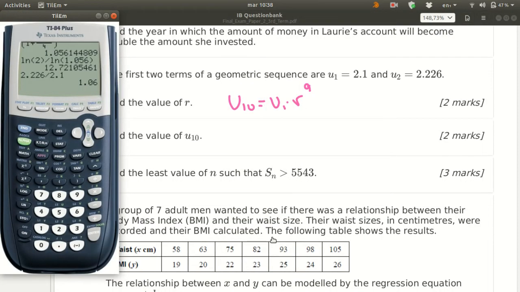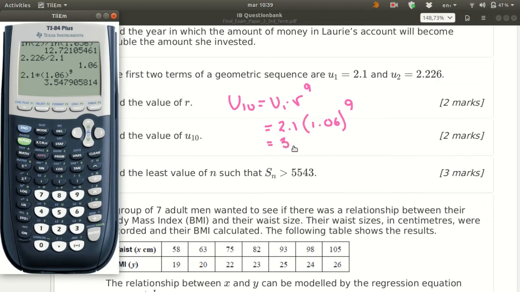So let's replace the things that we know. u1 is 2.1. r, we just found, is 1.06. And to the power of 9. So let's see what we get. 2.1 times 1.06 to the power of 9 is 3.5479, and this is where we really need to start rounding to 3 significant figures.